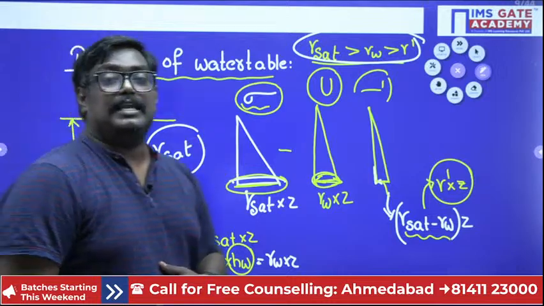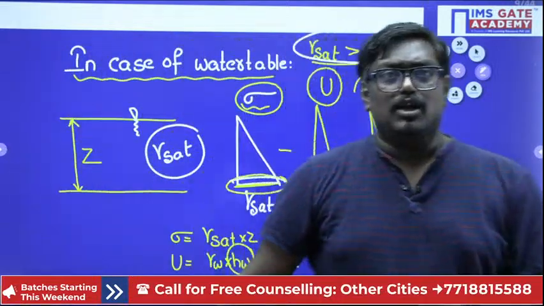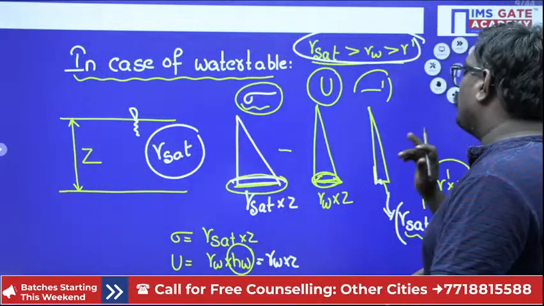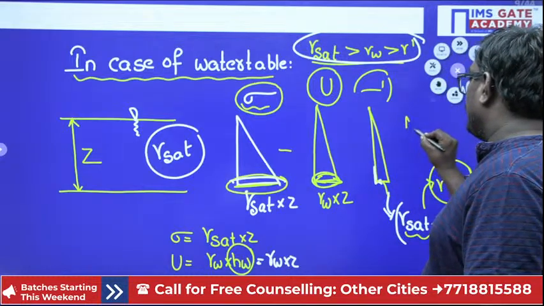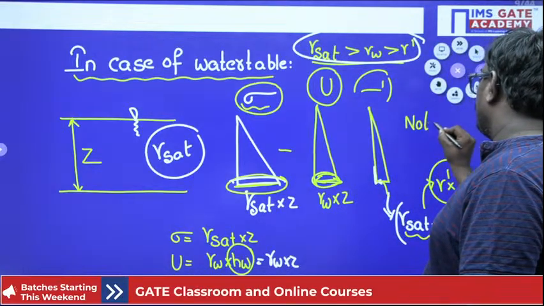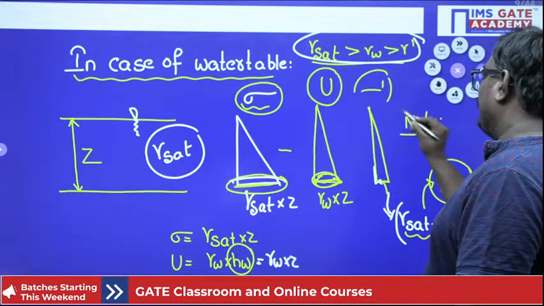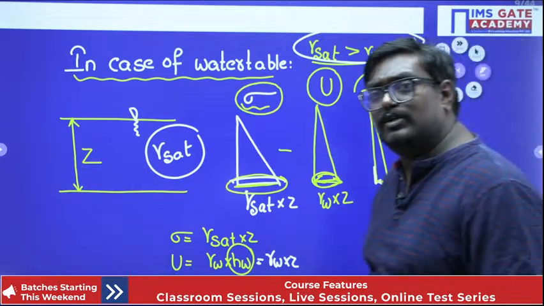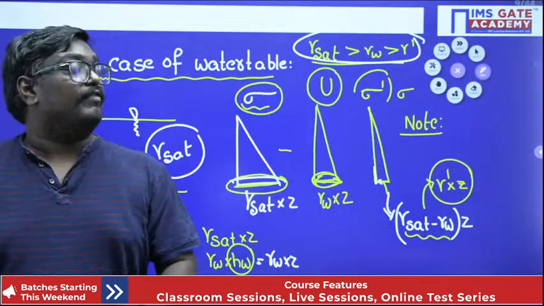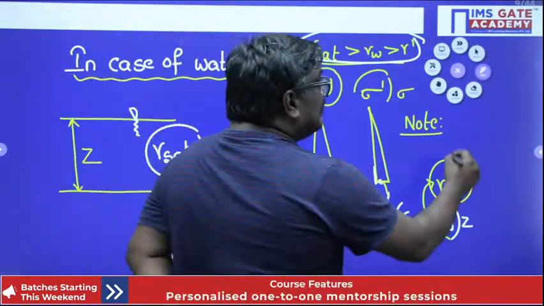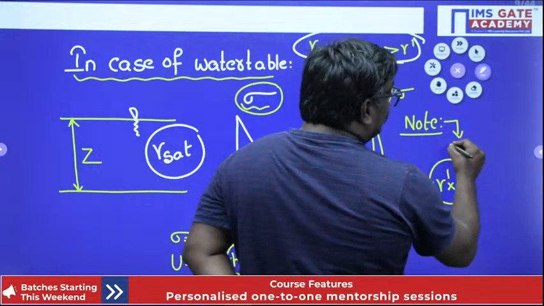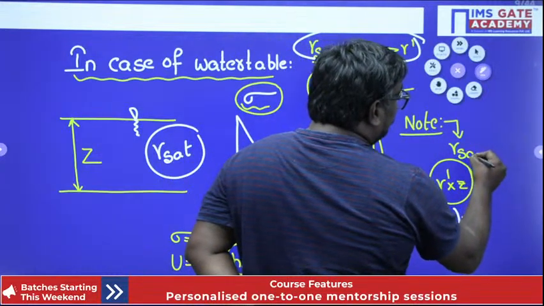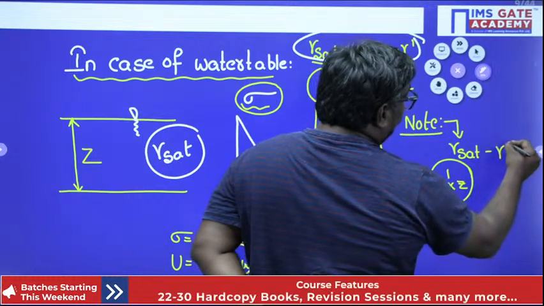And one more thing I would like to tell you here is, in case of water table, you can write as a note, whenever you are finding the effective stress, please write it as a note: gamma sat will be replaced by gamma dash.